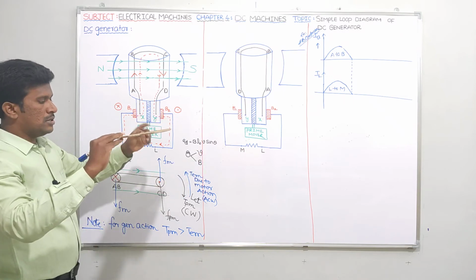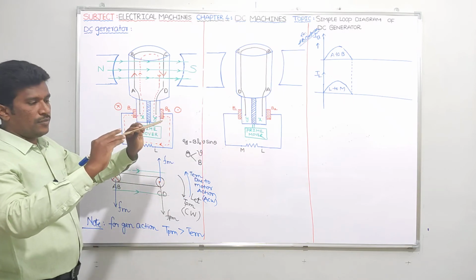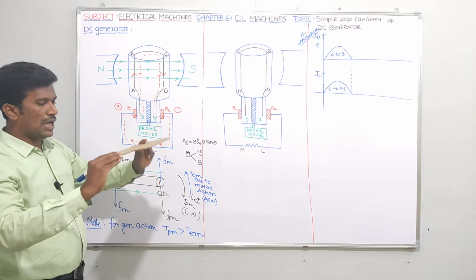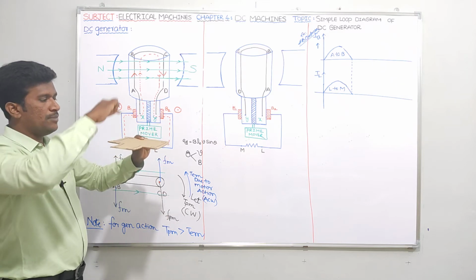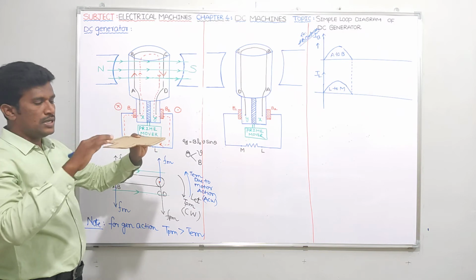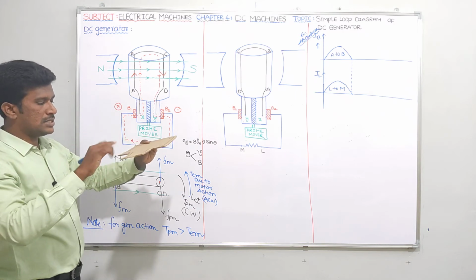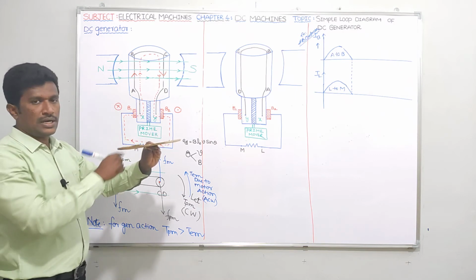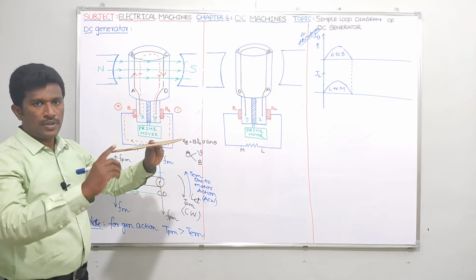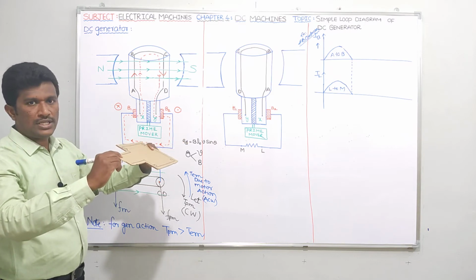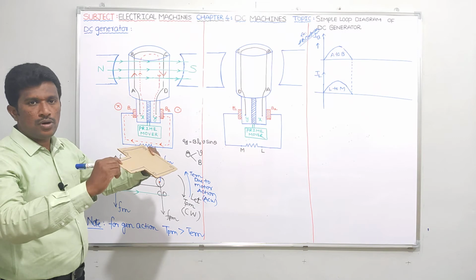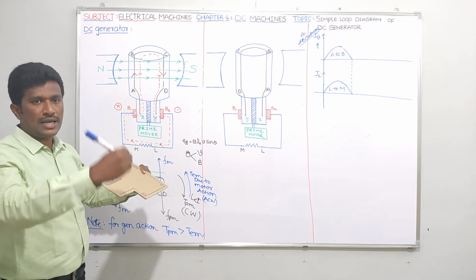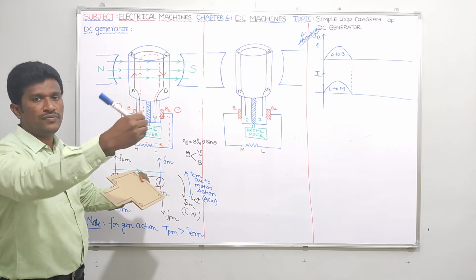Suppose I provide T_PM in the clockwise direction, so the motion is tangential like this. Initially, if I place it like this, the angle between the AB conductor and the magnetic flux lines is zero only. But slowly, as it moves, the angle increases from 0 to 10, 20, 30, 40, 50 like that.